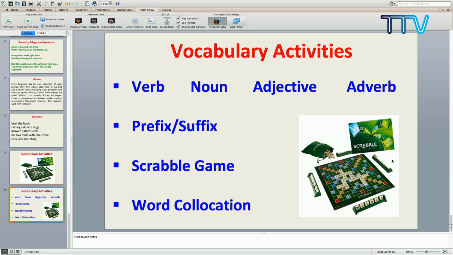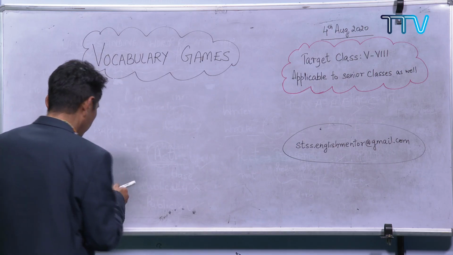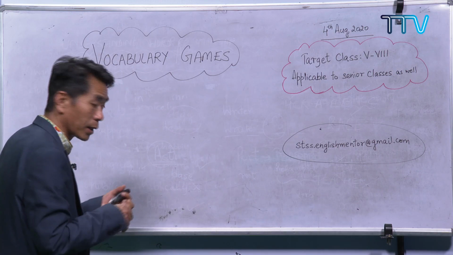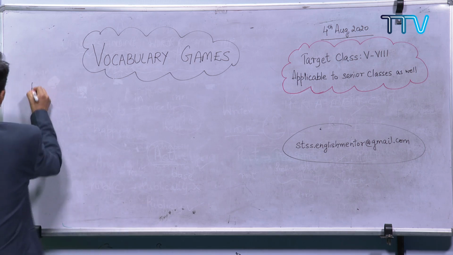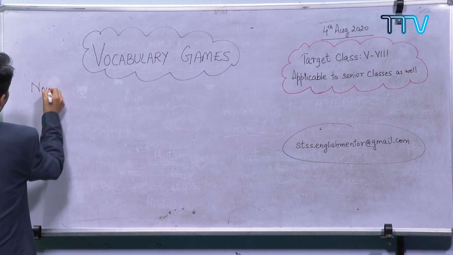The first one is verb, noun, adjective, adverb. I don't know what name I should give to this. Now what do you do normally? We write the words, for example. Here I will write noun.